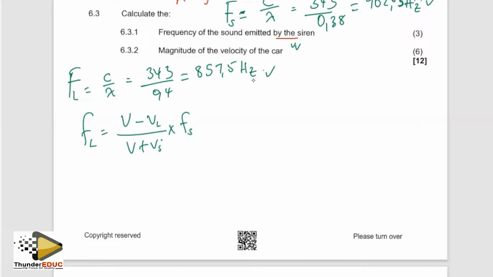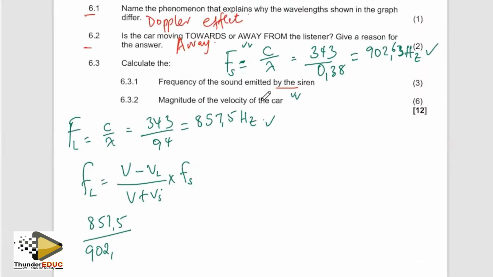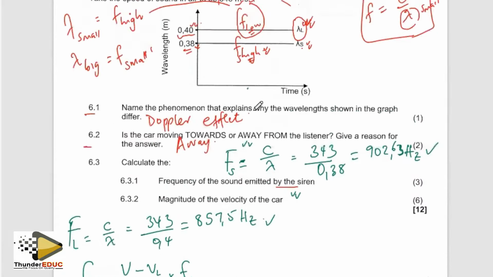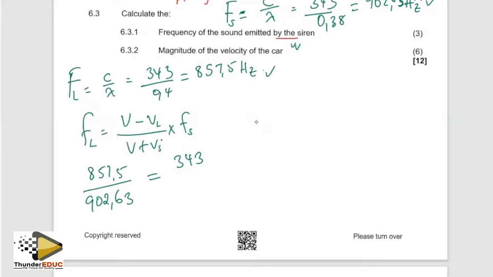The listener is having 857.5, which is equal to 902.63 multiplied by the speed of sound in air, 343, minus the velocity of the listener, who was just standing, over 343 plus the velocity of the source.